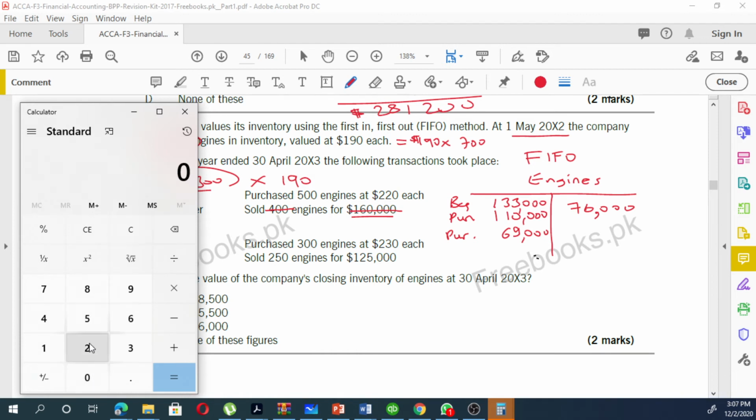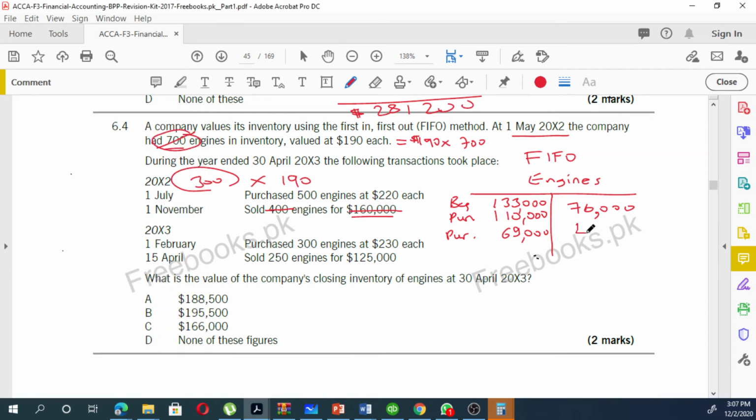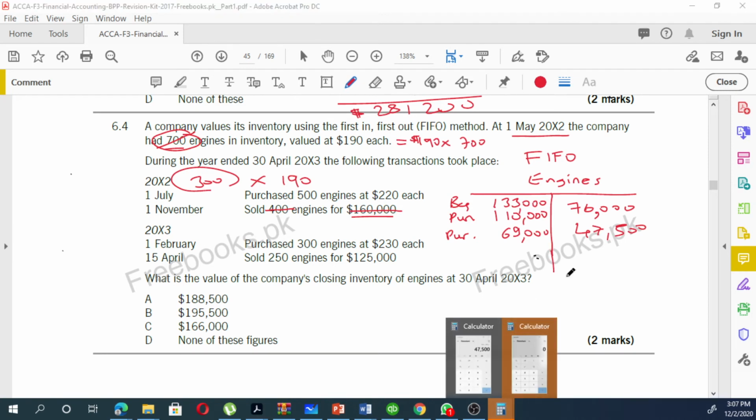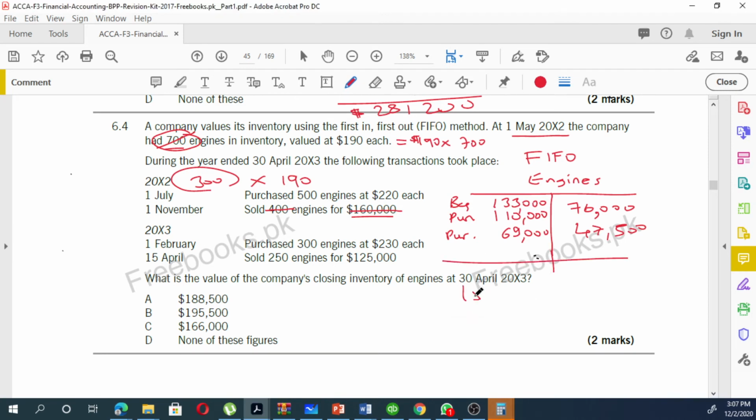Sorry, 250 items multiplied by $190, so $47,500. So if you sum all of these, you will get $188,500 ending. We are asked for the ending inventory, so the answer is A.